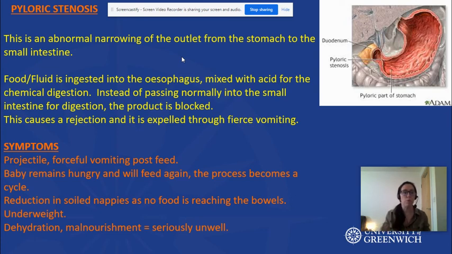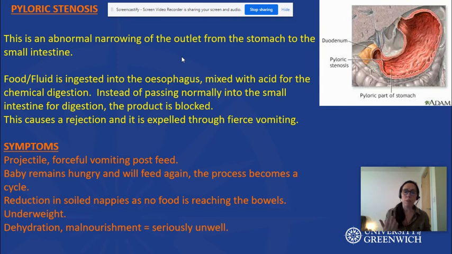Want more food, do the vomit. Of course, when digestion's not happening, you're not going to get the same amount of splat, are you? So the soiled nappies are going to be reduced. Now we know that there needs to be minimum now of how many nappies a day was it? No, it was 5 wet nappies. It was 2 soiled nappies a day minimum.